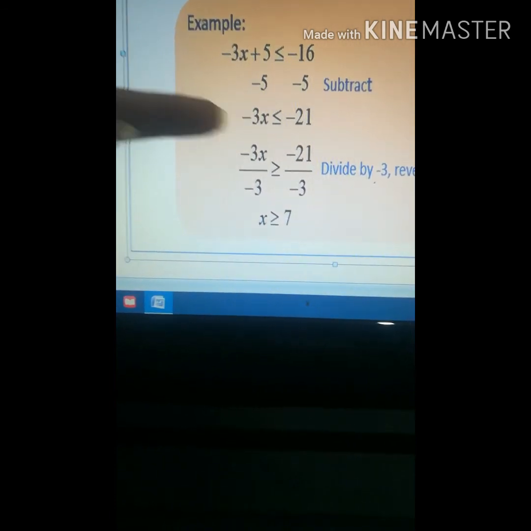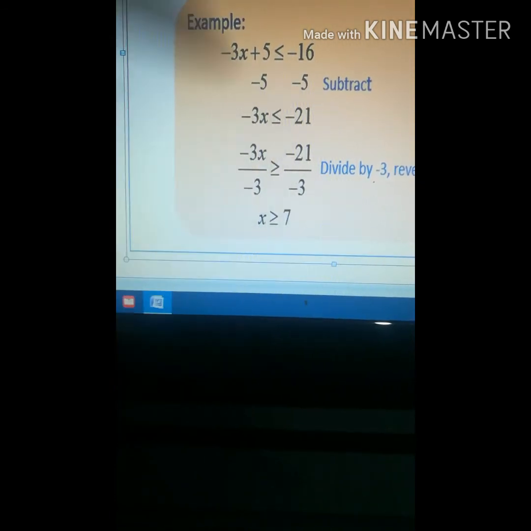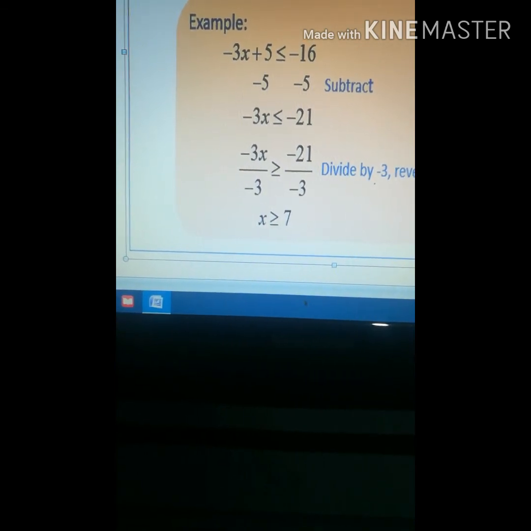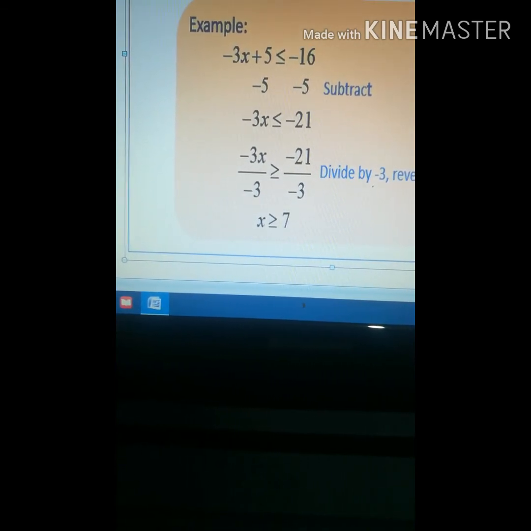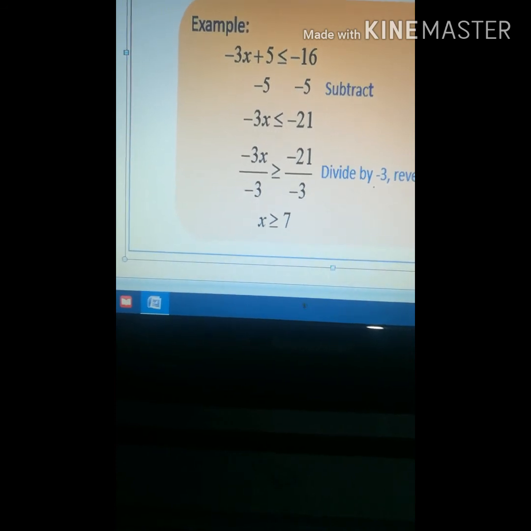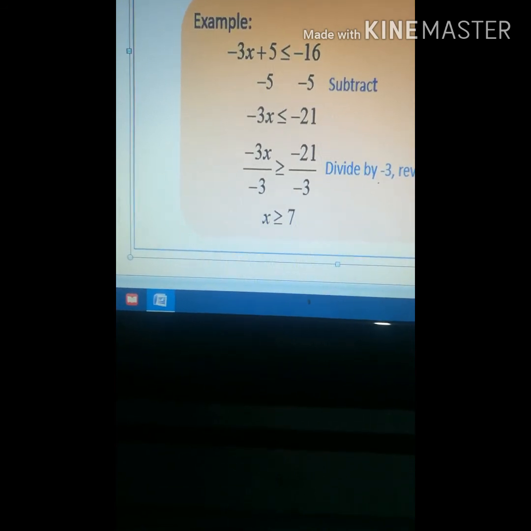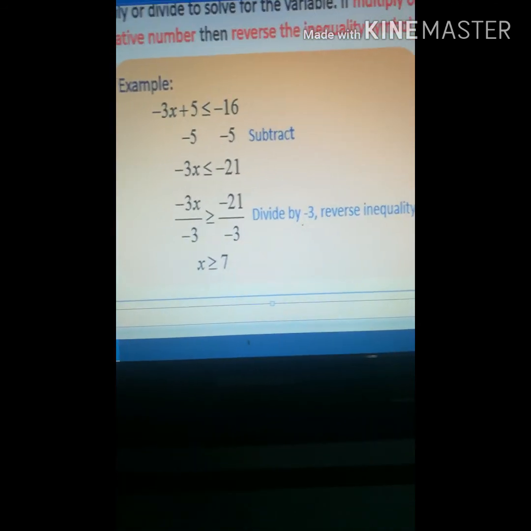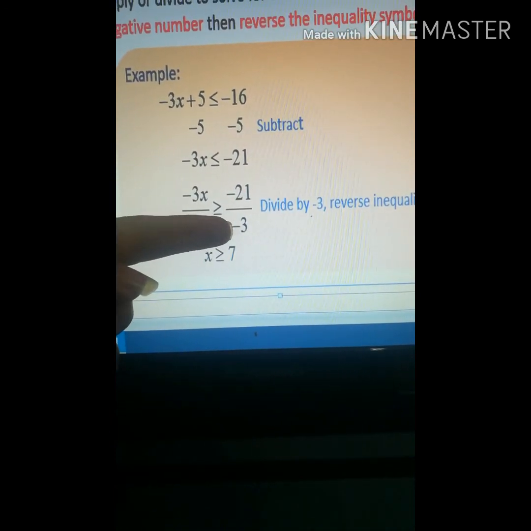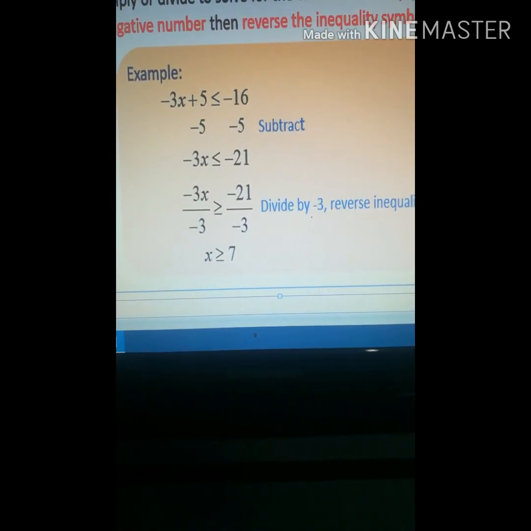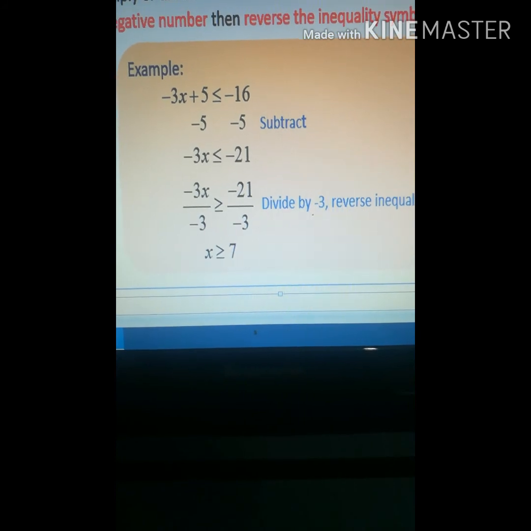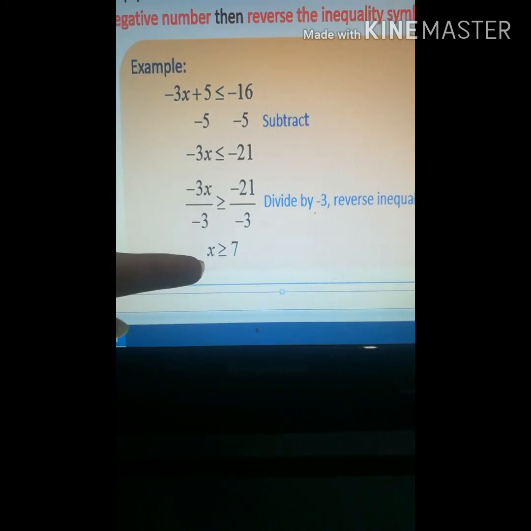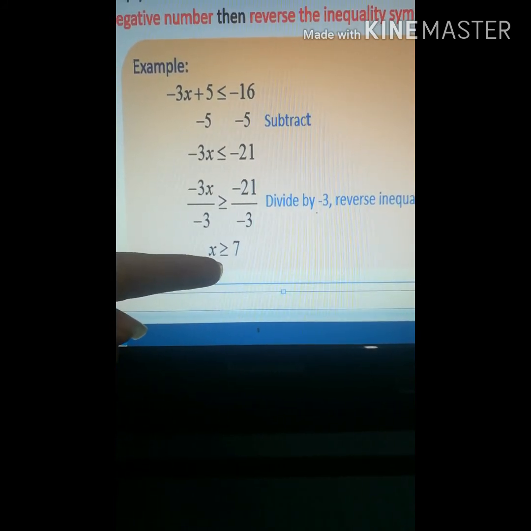So minus 21 over minus 3 equals 21 over 3, because minus over minus equals a positive number, which is 7 over 1. So x is more than or equal to 7.